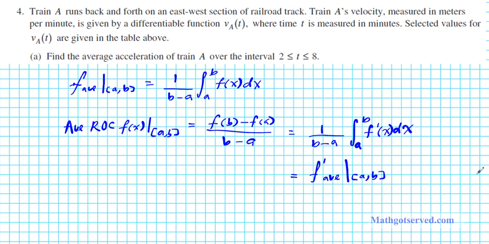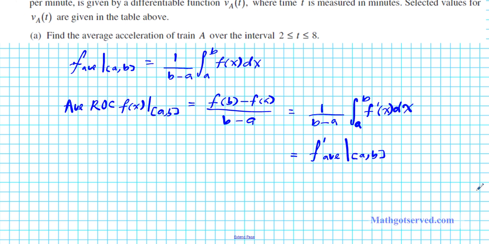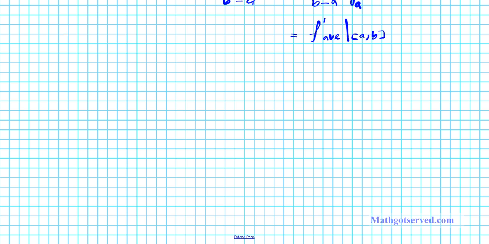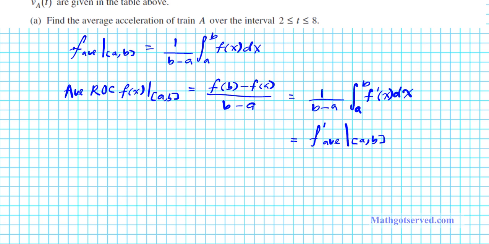So how does this relate to the problem that we're about to do? If you think about the connection between the velocity and the acceleration, the derivative of velocity is acceleration, right? So if you're looking for the average acceleration, you're basically looking for the average rate of change of the velocity on that interval. Let me show it to you real quick.